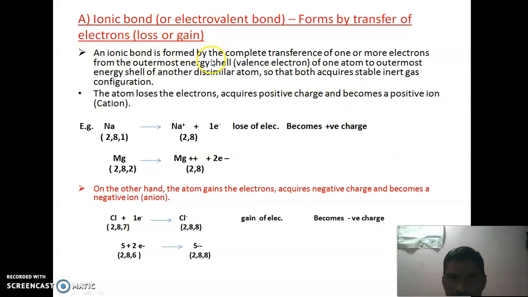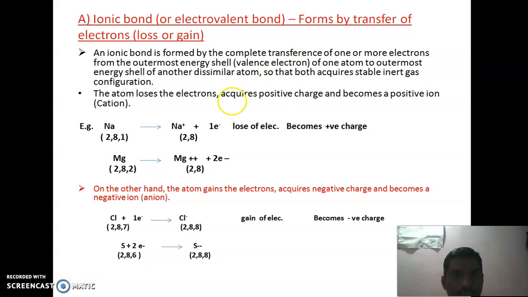An ionic bond is formed by the complete transfer of one or more electrons from the outermost energy shell of one atom to the outermost energy shell of another dissimilar atom, so that both acquire the stable inert gas configuration.